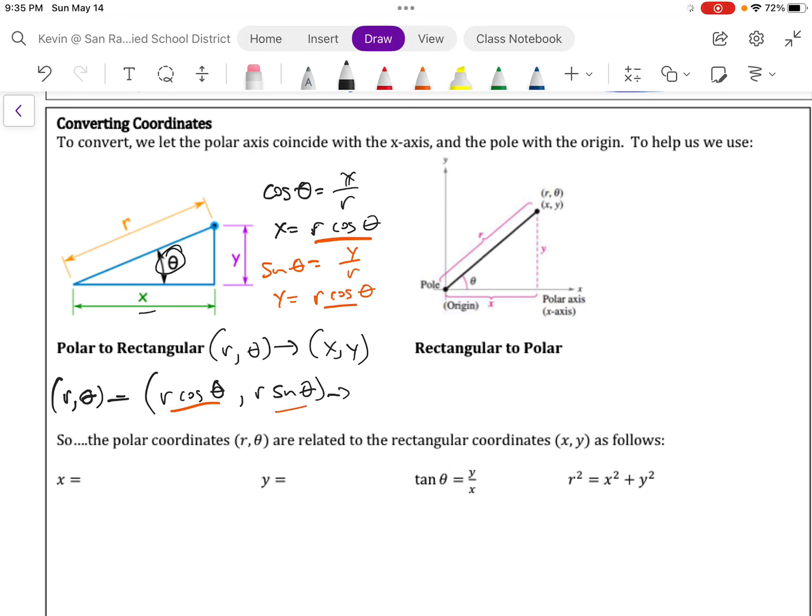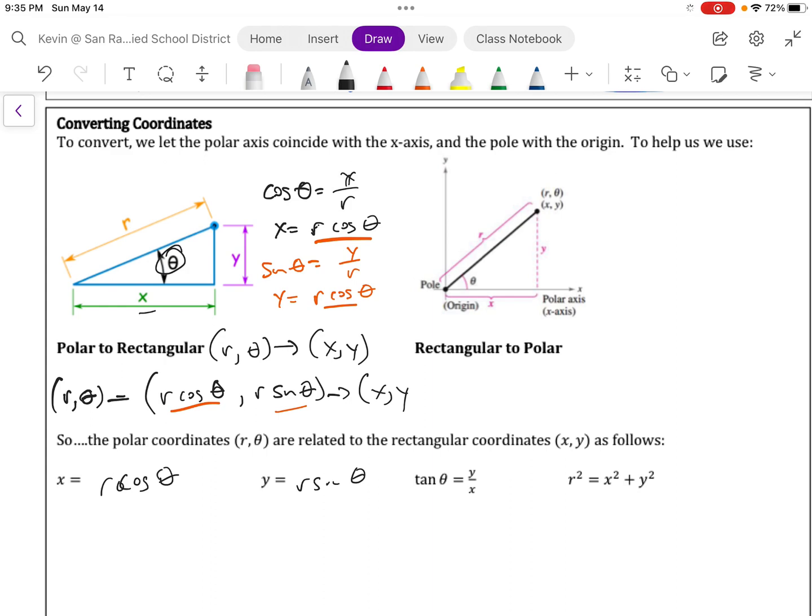Those values give us our x and our y. So this would be r cosine theta, and then r sine theta.